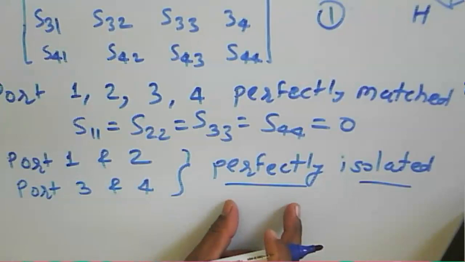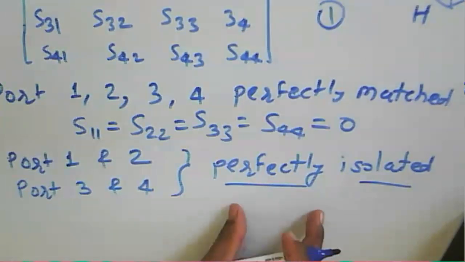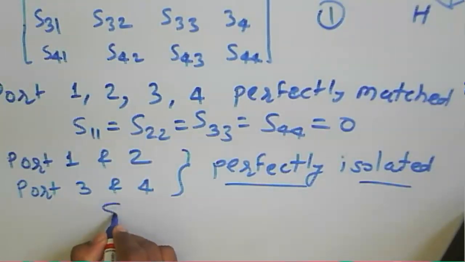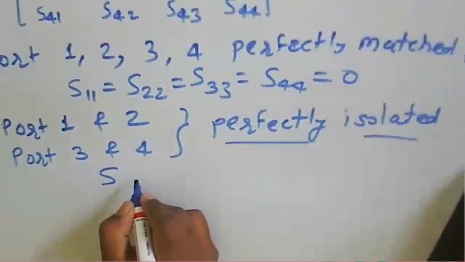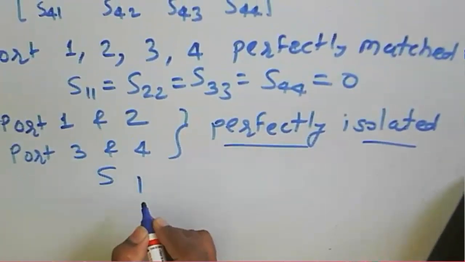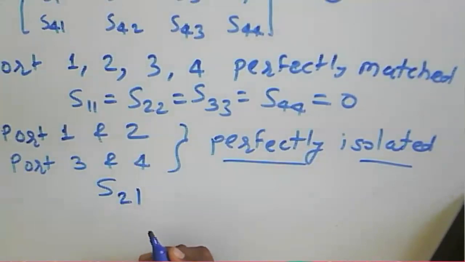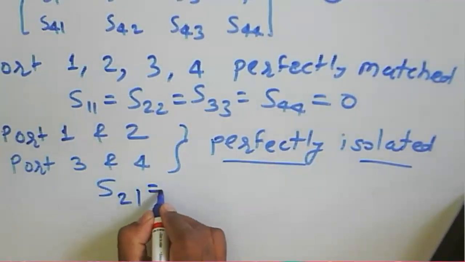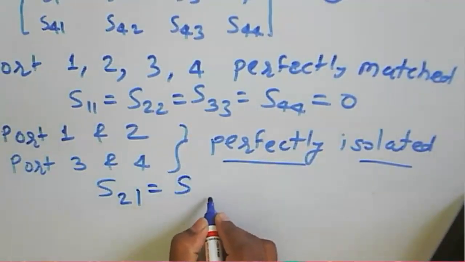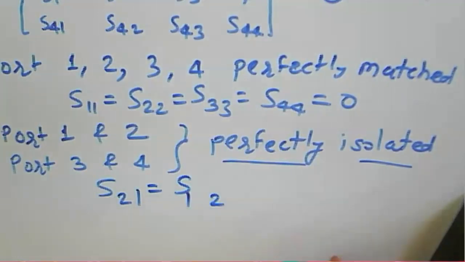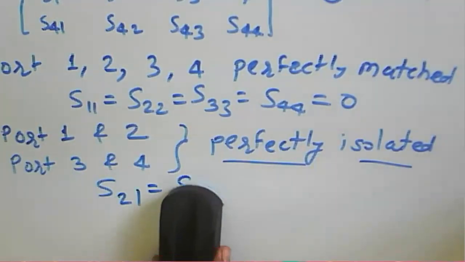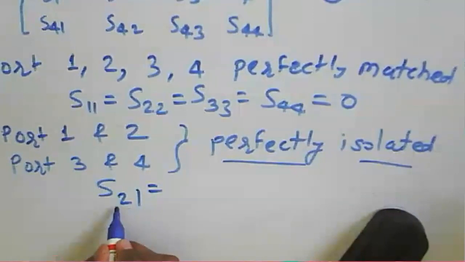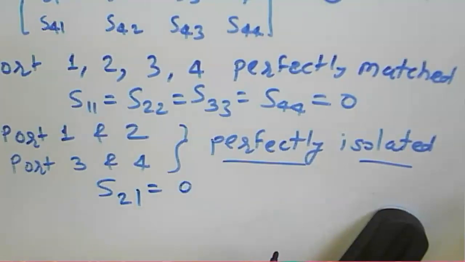So from this perfect isolation, what are the conditions? Isolation means that if we provide the input to port 1, there is no output at port 2. Similarly, input to port 2 gives no output at port 1. So input to port 1, output at port 2 is 0.